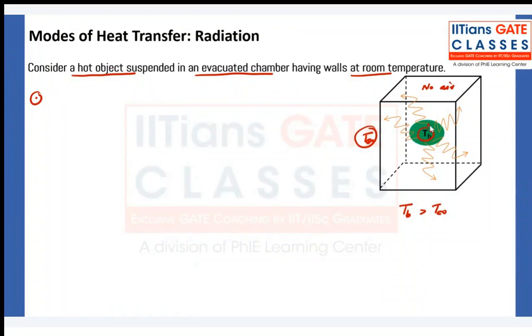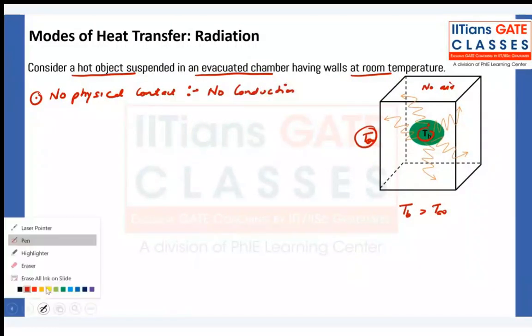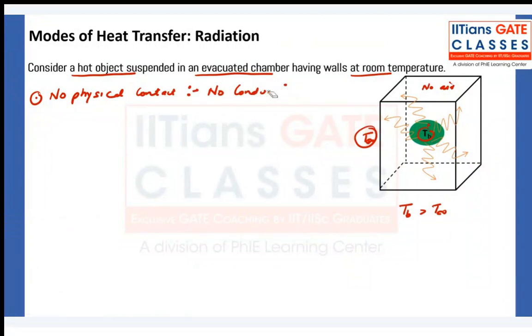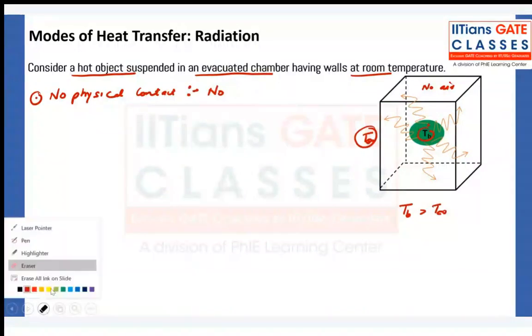And there is no physical contact. So if there is no physical contact, can I say there is no conduction heat transfer? I can say that there is no conduction happening here.